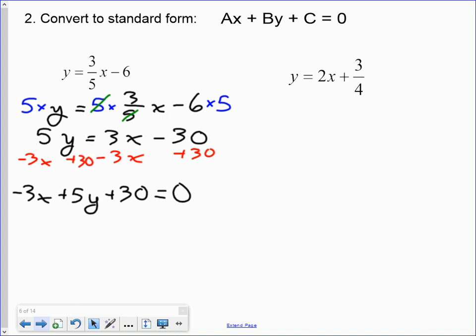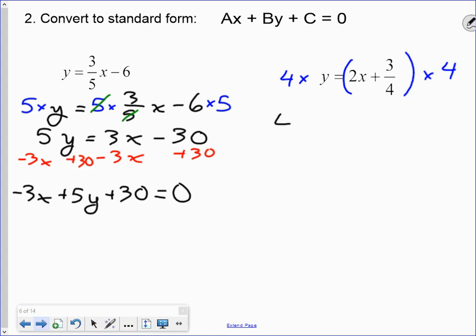So let's try the second one here. I've got y equals 2x plus 3 over 4. I see a fraction here, so I want to multiply all of the terms in that equation by the denominator. I've got to multiply everything by 4. So I'm going to do 4 times this y, and all of this stuff here gets multiplied by 4.